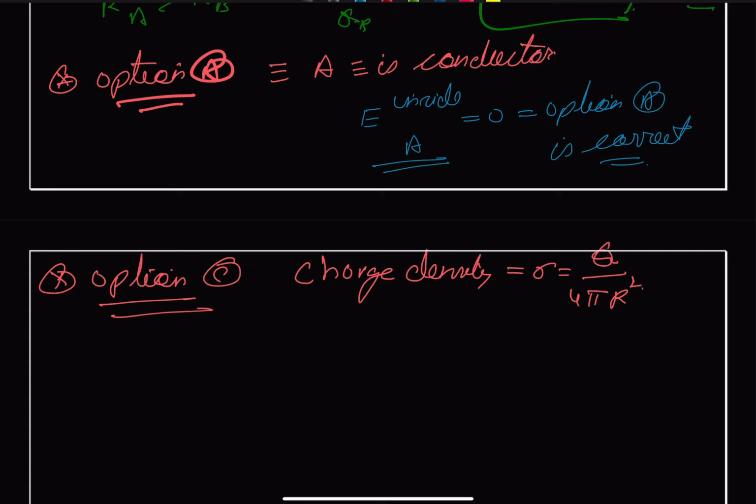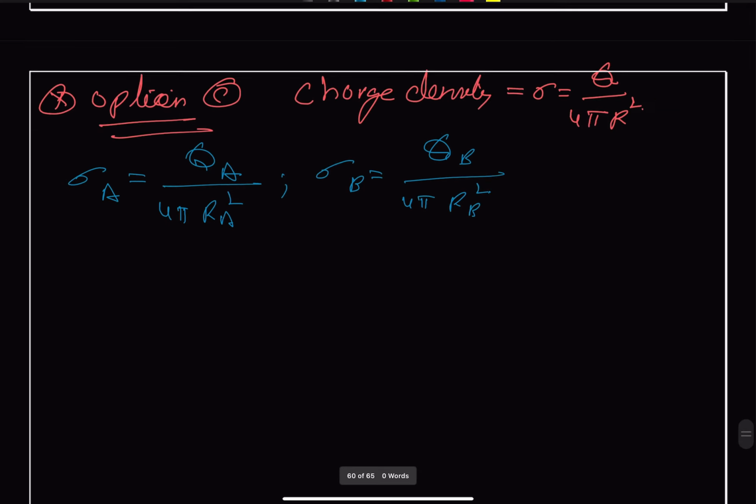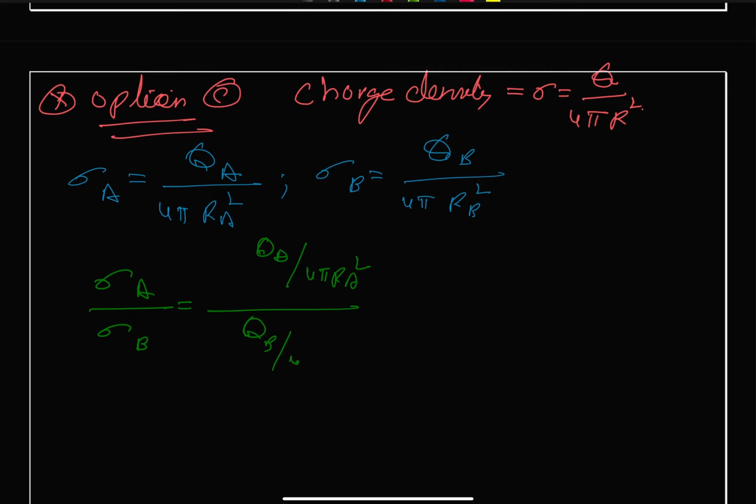So sigma A will be equal to QA upon 4 pi RA square, and sigma B is equal to QB upon 4 pi RB square, and we find the ratio sigma A upon sigma B, and this gives us QA upon 4 pi RA square over QB upon 4 pi RB square. 4 pi cancels out, and this comes as QA upon QB multiplied by RB square upon RA square.